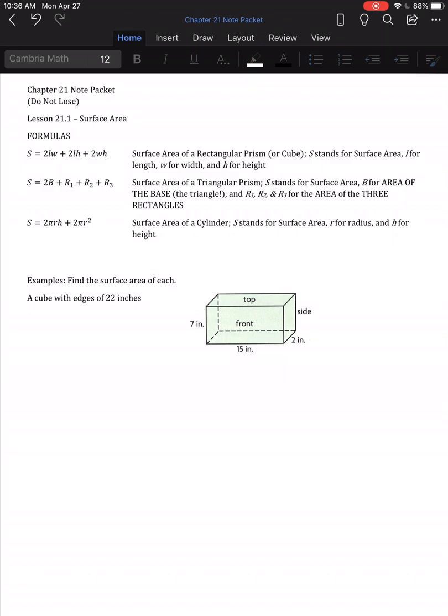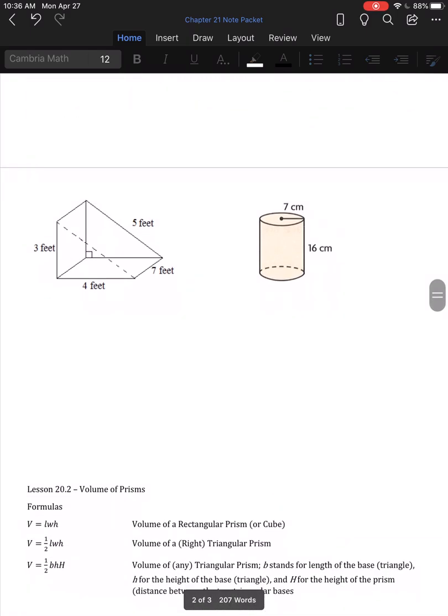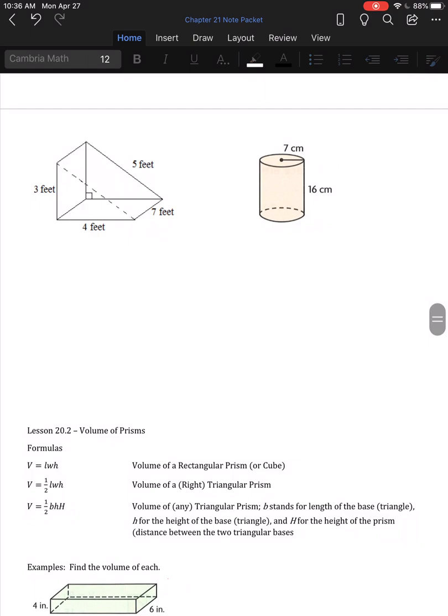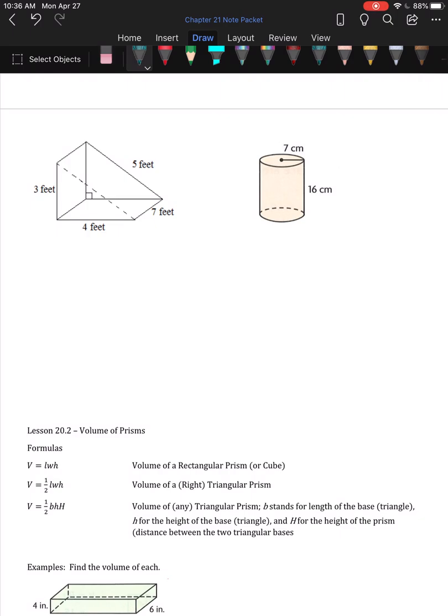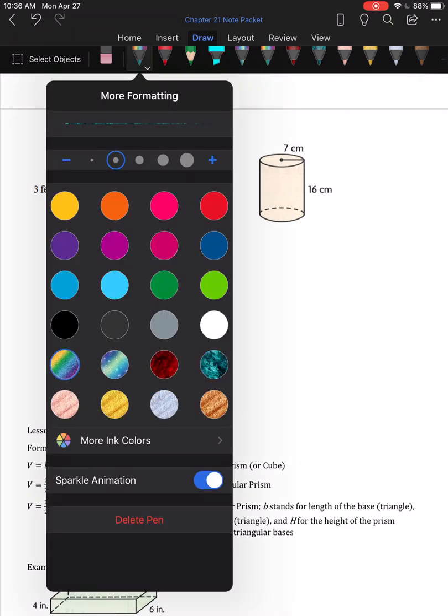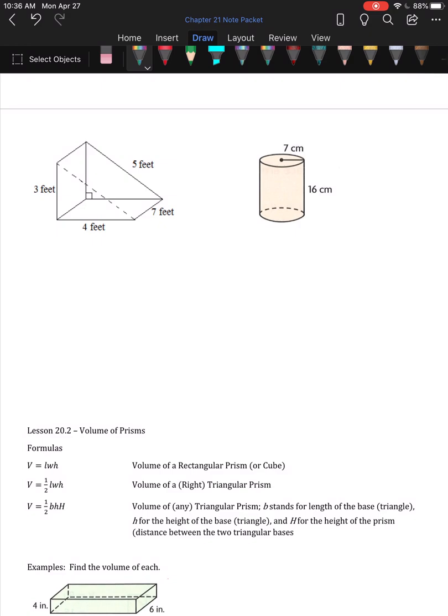There are 3 rectangles that come together to make the 3 sides that connect the triangles. So let me work this out for you by way of my cheat sheet. So cheat sheet says, to begin, find the area of the triangle. Well, here's the triangle.